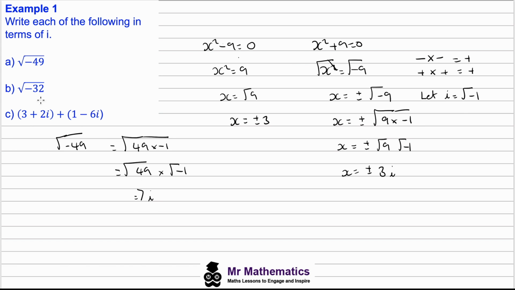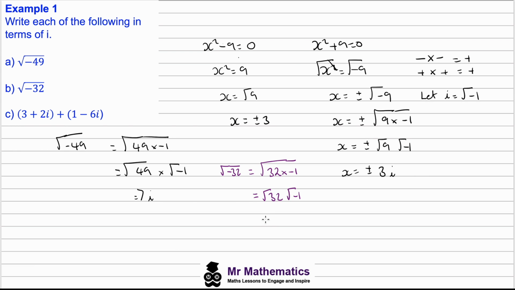So in question B, if we have the square root of negative 32, well, this would be the square root of 32 multiplied by negative 1. Splitting this up, the square root of 32 times the square root of negative 1. We can simplify this 32 to make 16 times 2.